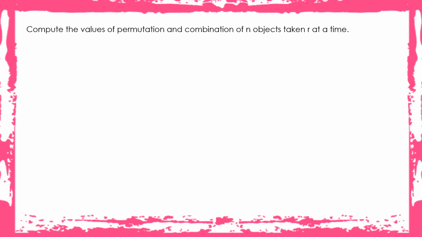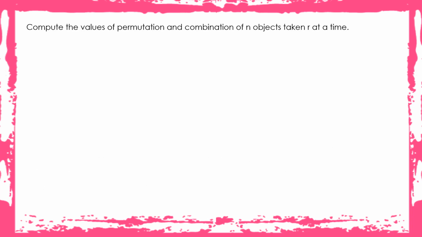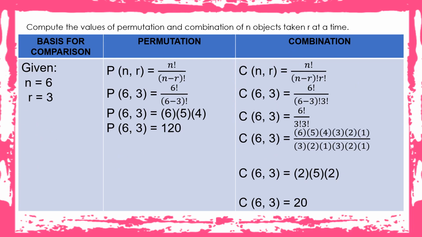This time, let us compute the values of permutation and combination of n objects taken r at a time. So you can see here that we have the same given. The given is 6 for the value of n, and for the value of r, it is equal to 3. So let us try to solve first the permutation.